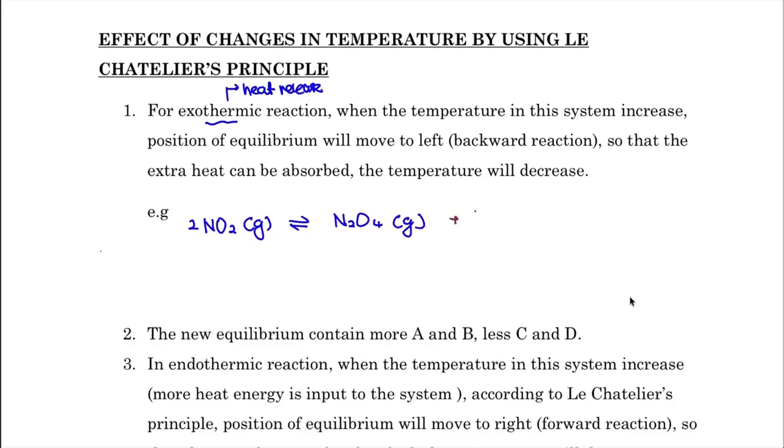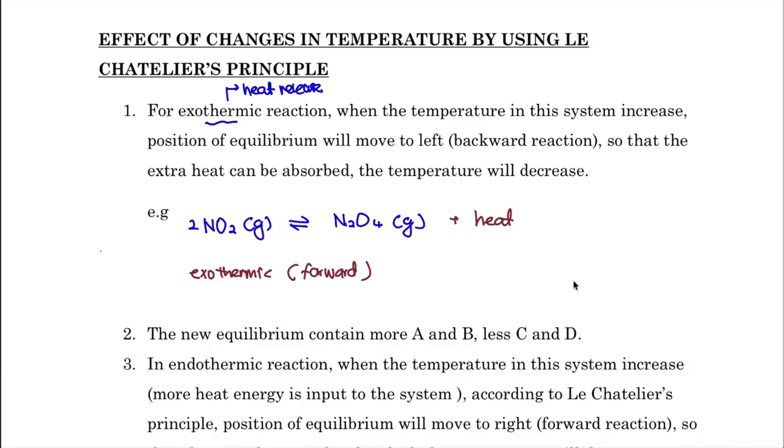But in this case, heat will be released more than absorbed. So that means the forward reaction is an exothermic reaction. Exothermic is the forward reaction. That means there's more heat, when you touch them, more heaty.